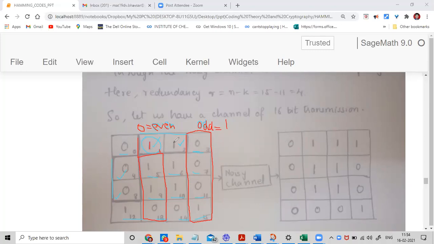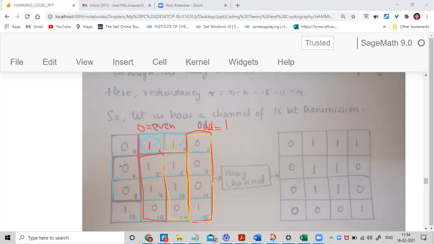Now I will try to find it for this one. This is the parity check for the last two columns. When we count the number, it is again odd, so I'm writing here 1.